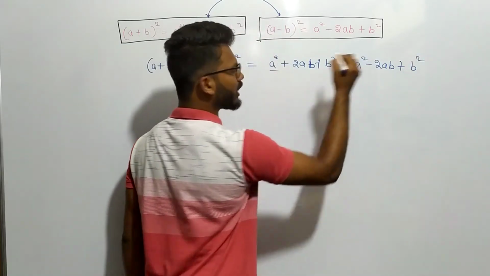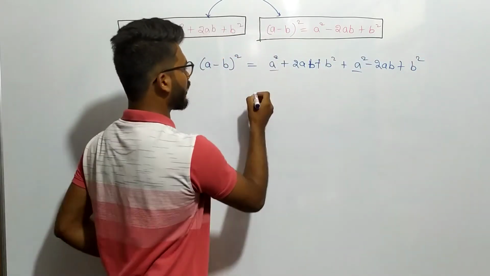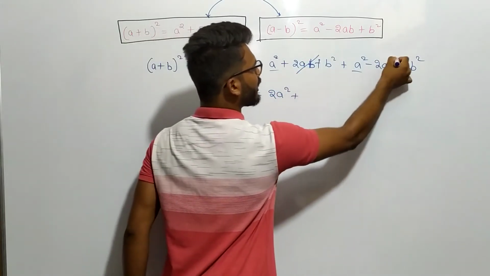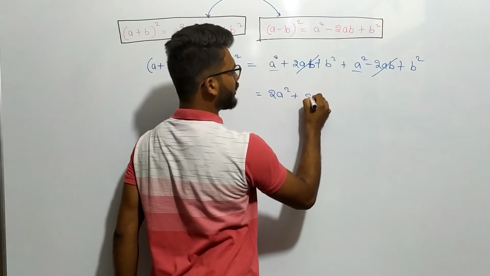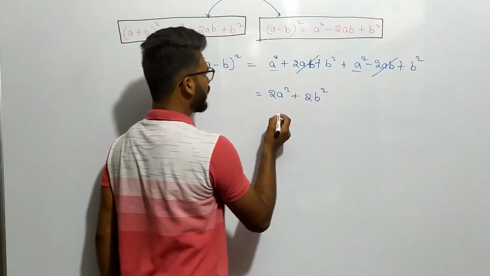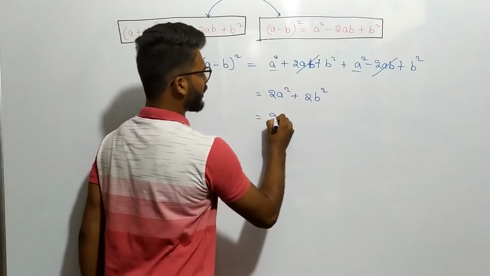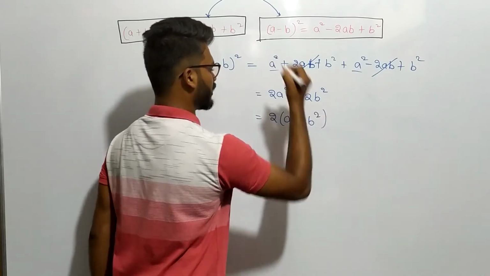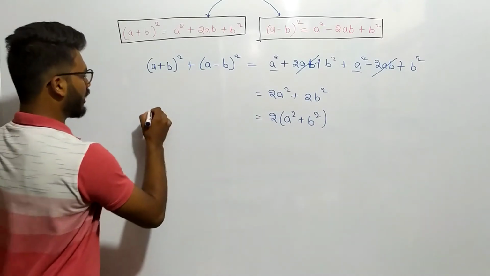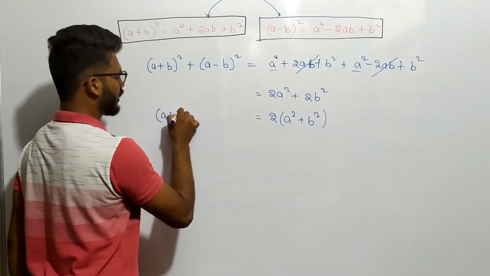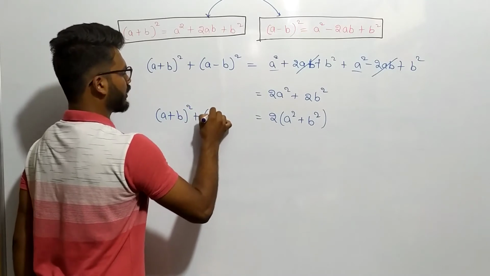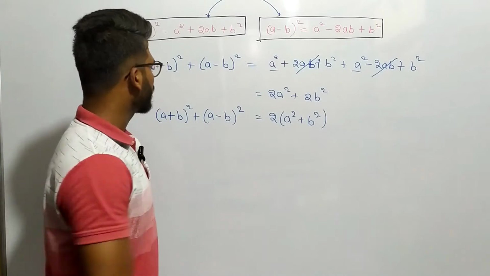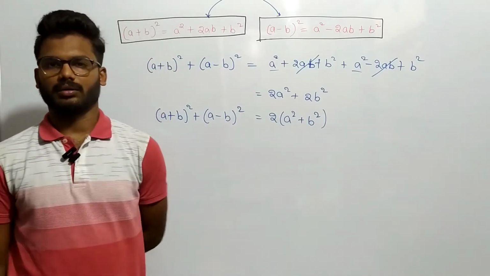Here a square and a square are like terms, a square plus a square gives 2a square. 2ab and minus 2ab are the same numbers with opposite signs, so they get cancelled. Adding, you will get 2 into (a square plus b square). What is the formula? (a plus b) whole square plus (a minus b) whole square is equal to 2 into (a square plus b square).